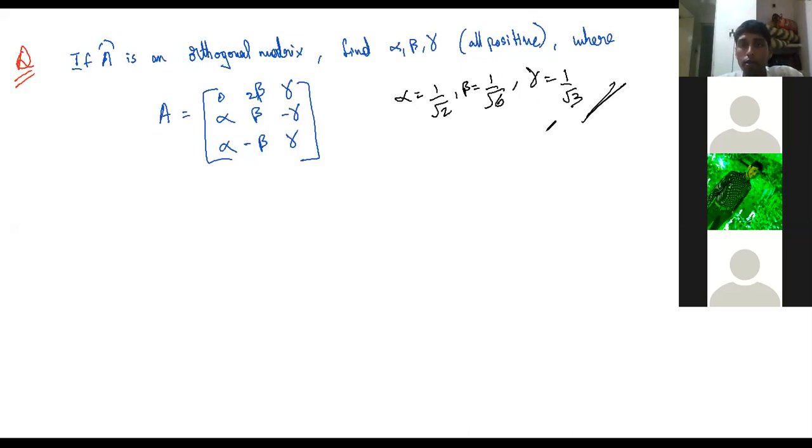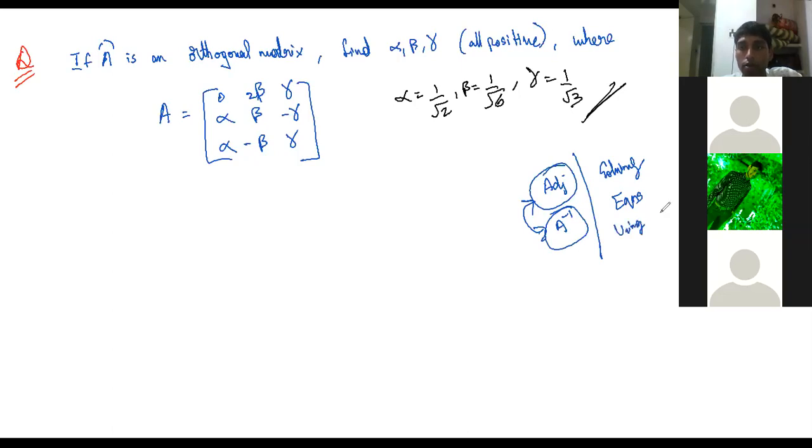So these are the next topics remaining. We have adjoint, properties of adjoint, and A inverse. Basically, these two will go parallelly. And then the next topic is solving equations using matrices, the different methods of solving equations using matrices.